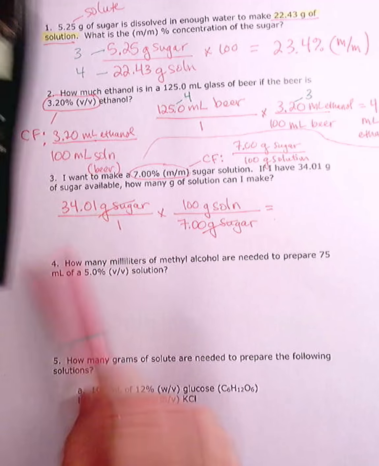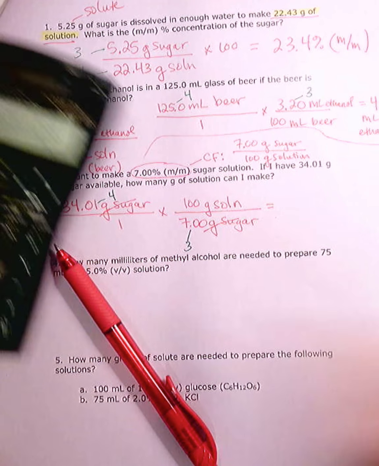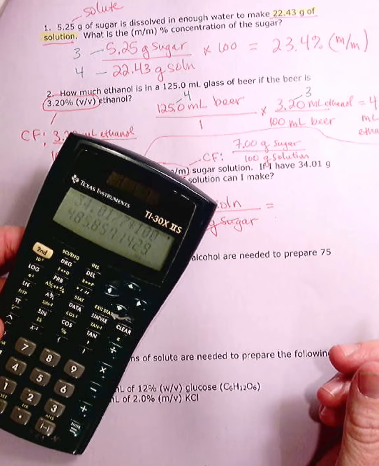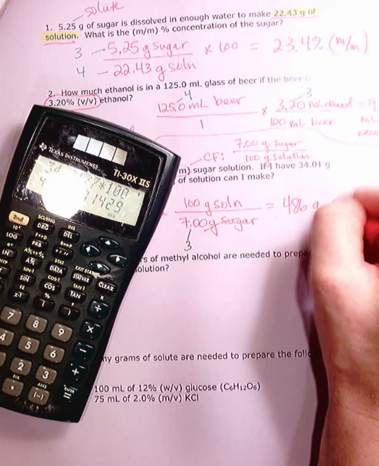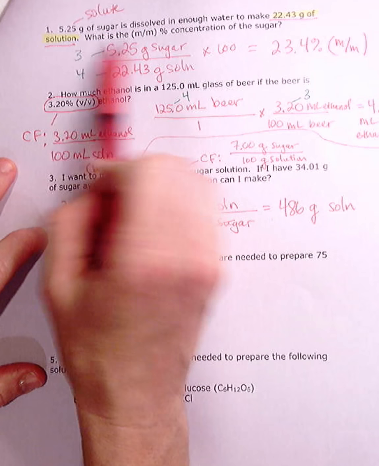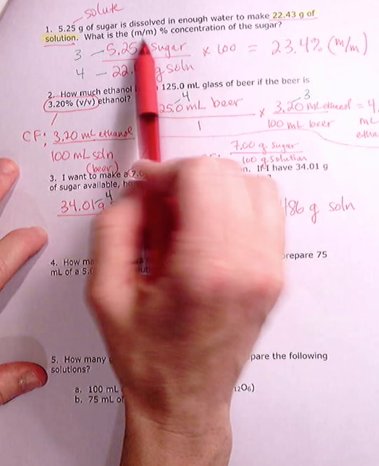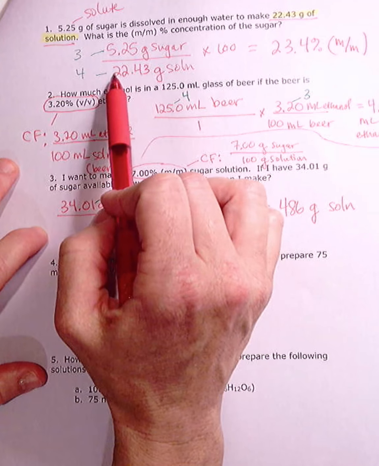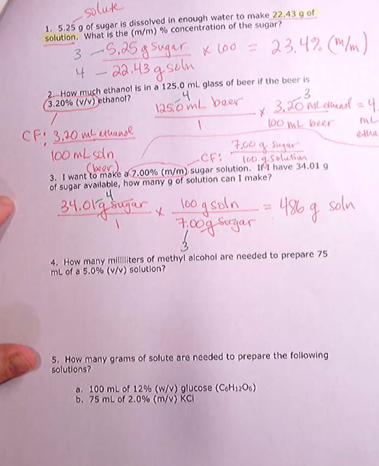Okay, so we have 4 sig figs, 3 sig figs. So I get 486 grams of solution. Okay, so unless you're asked directly, like you were in number 1, what is the mass percent concentration of the sugar, you will have to set these up with a conversion factor mindset.